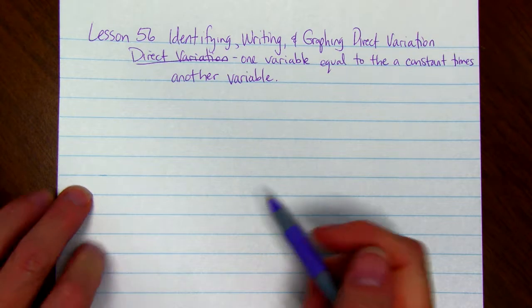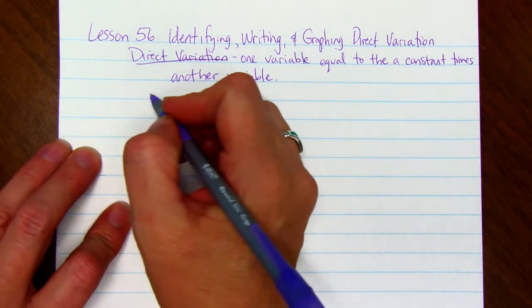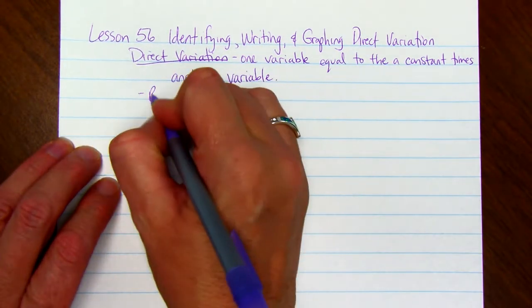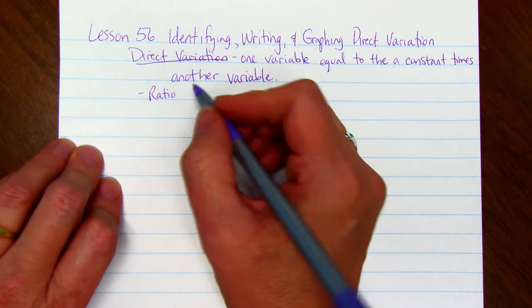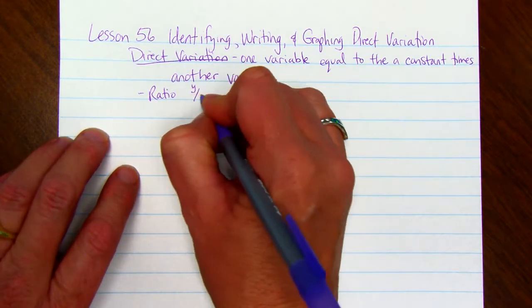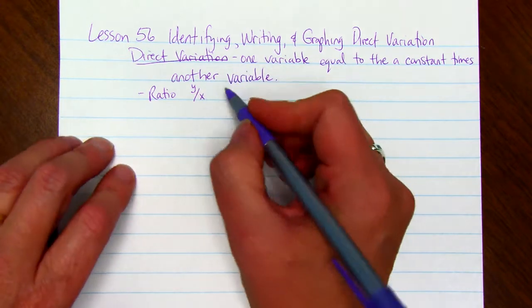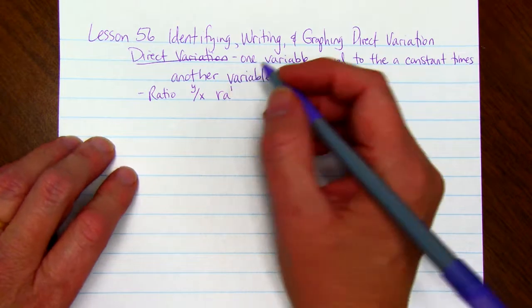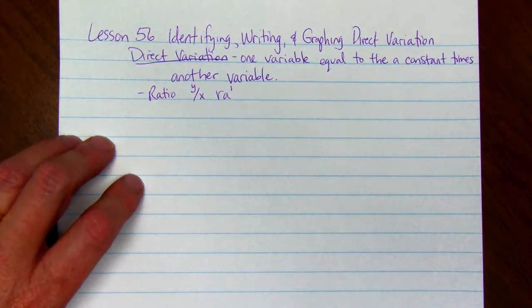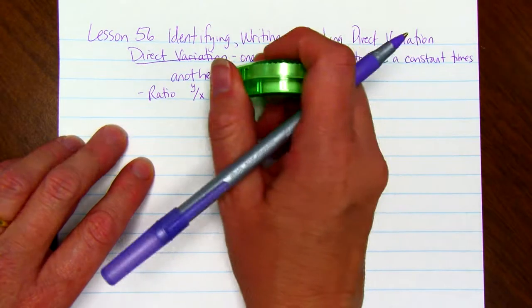So the ratio is going to be the same for all points. If you take all your y's and divide them by the x that goes with the y, that ratio will be the same.